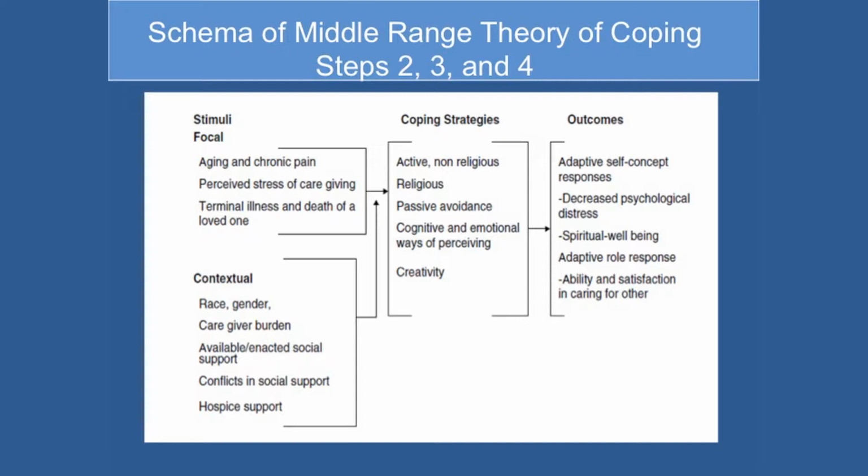Contextual factors included race, gender, caregiver burden, availability or enacted social support, and conflicts in social support, as well as hospice support. So then, those stimuli were being dealt with by the coping strategies internal to the person or group.